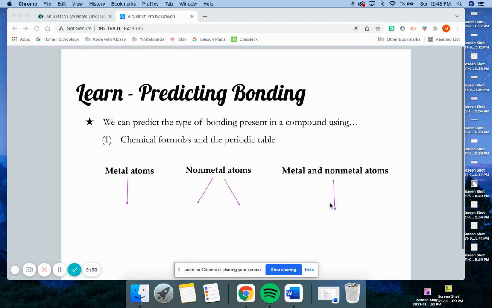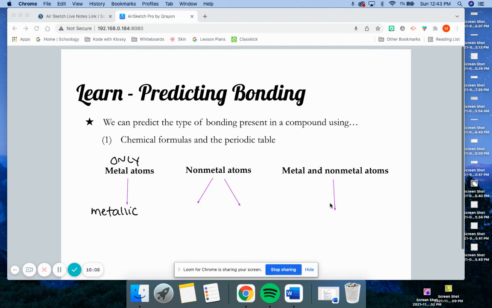Using chemical formulas and the periodic table, we're going to be able to distinguish whether the elements involved in the molecules are metals, nonmetals, or metalloids. And based on the combination or types of elements present, we can make an educated guess about the type of bonding. If I only see metal atoms, then I'm going to be looking at metallic bonding.